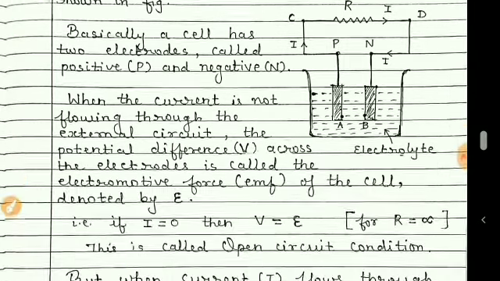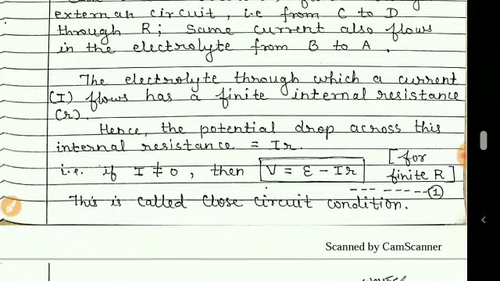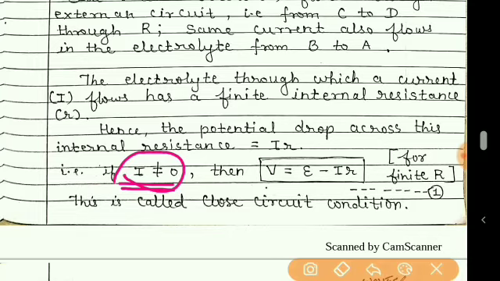Now the equation for that terminal voltage can be given as V is equal to epsilon minus Ir. Once again students, remember the current is flowing in the circuit, so now it is not equal to 0.